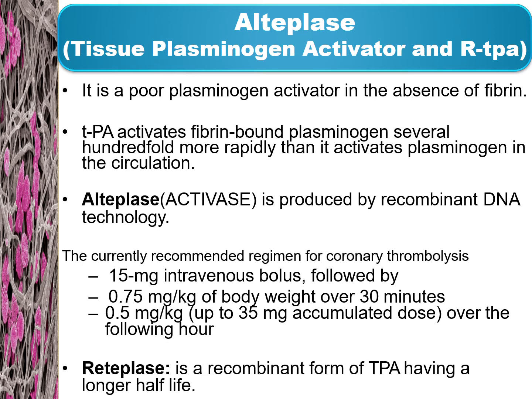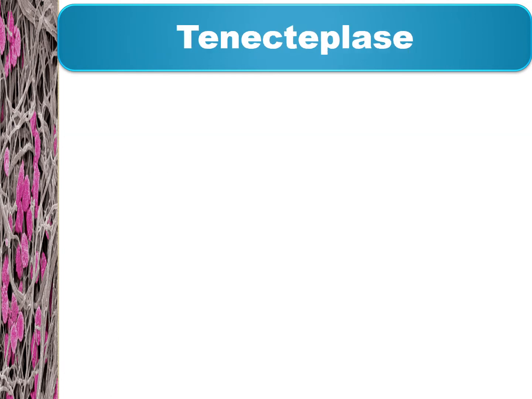Additionally, Tenecteplase is also a recombinant form of tissue plasminogen activator, having a longer half-life. Now, the fourth choice of drug is Tenecteplase.